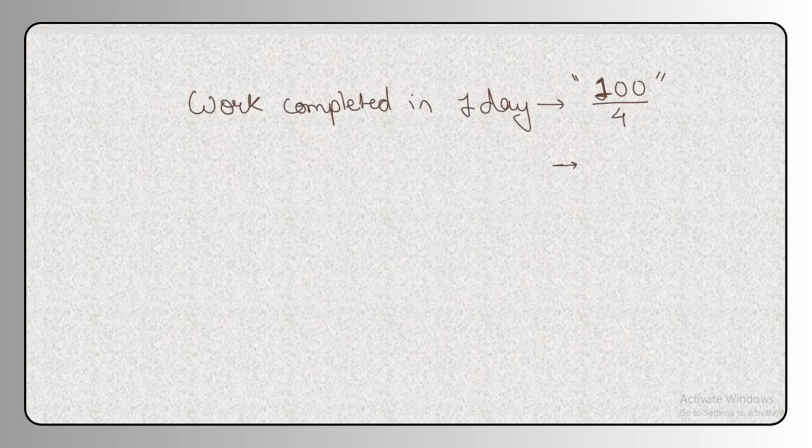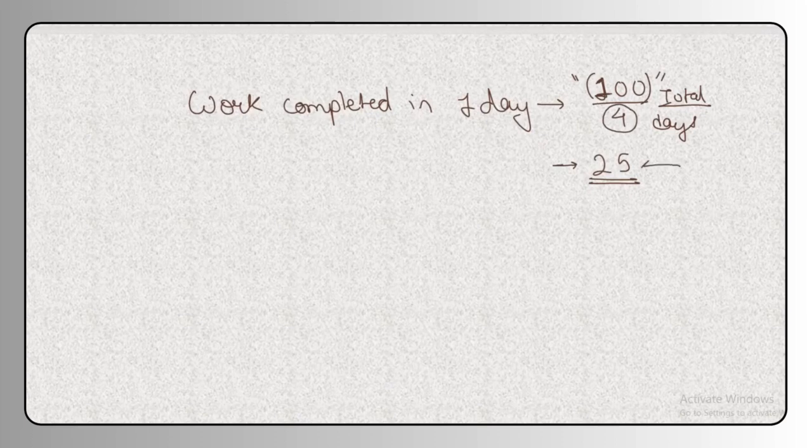One fourth part of 100, right? One fourth part of the complete work. And that would be just 25. So 25 amount of work is completed in one day. Okay, just divide the total work by the number of days. The total work divided by the days gives you the work done per day, right? The work done per day.